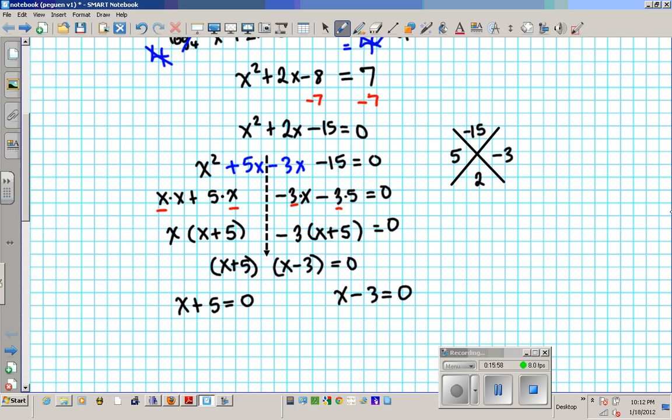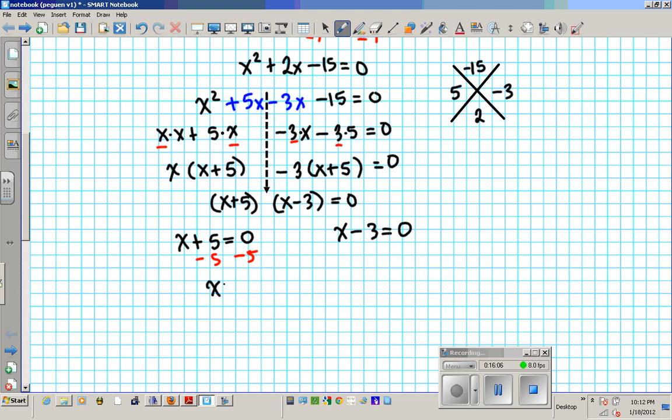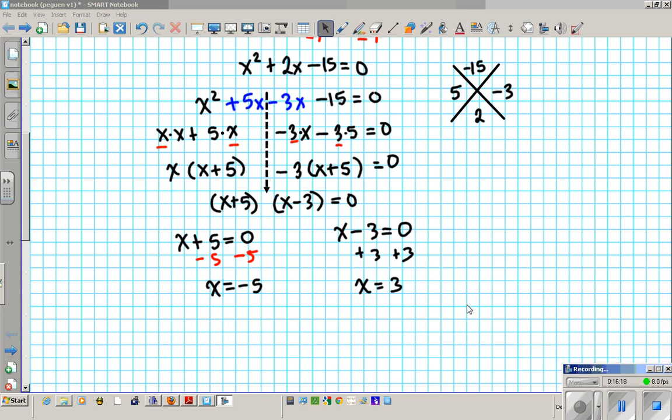And then to solve this, you subtract 5 from both sides. Minus 5, minus 5. x equals negative 5. And then this one you add 3, x equals 3. So which of these are answers? Remember, the argument of a logarithm must always be positive. It can never be negative. So this answer right here, this is not a solution. It's not a valid solution.